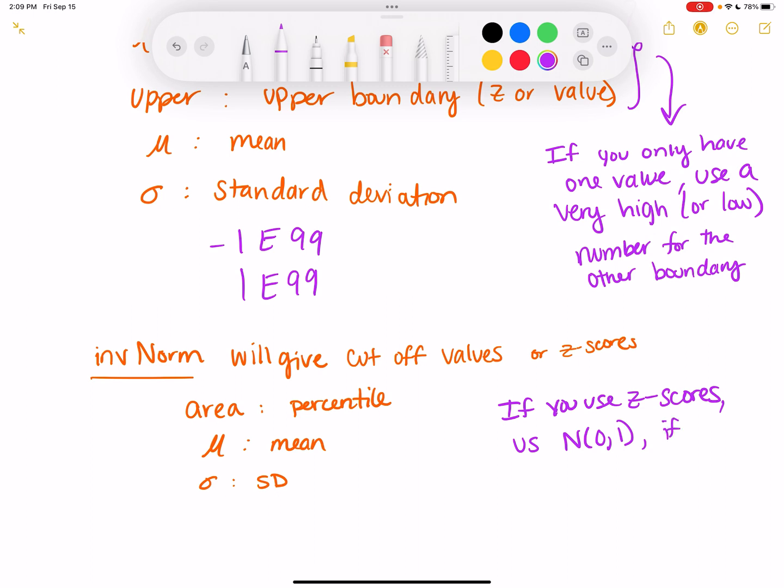If you use actual data, the mean and standard deviation of the data will be mu and sigma.